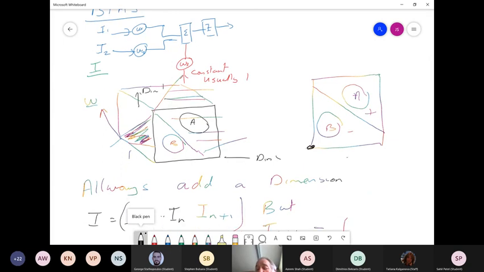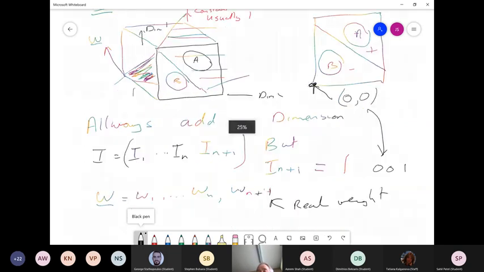That would be pattern 0, 0. If I wanted to classify that as a B pattern, the augmented pattern would be 0, 0, 1, where this is the pattern data.